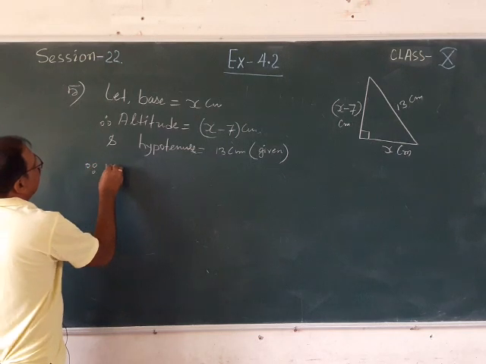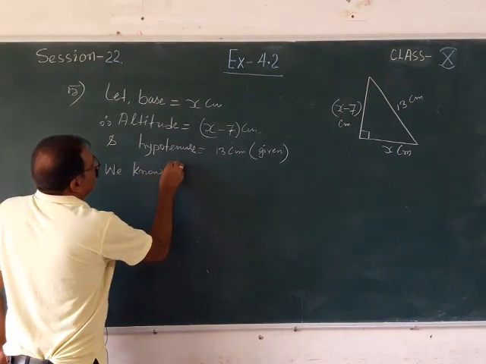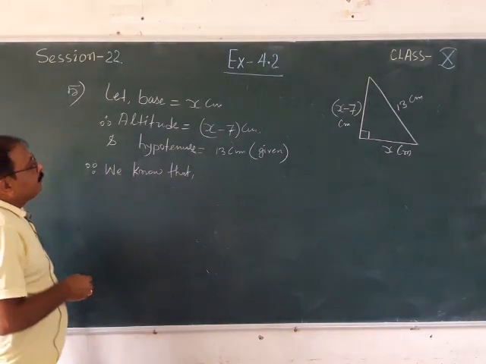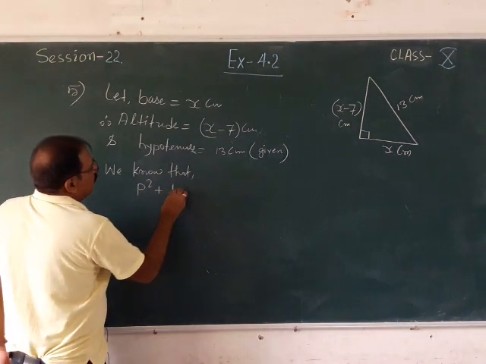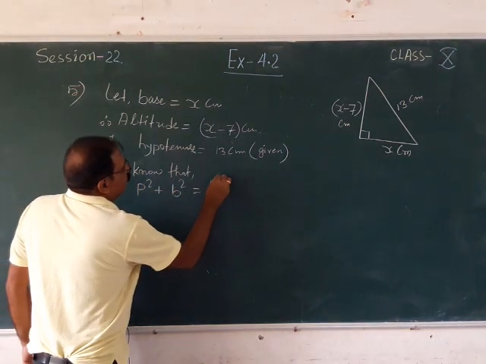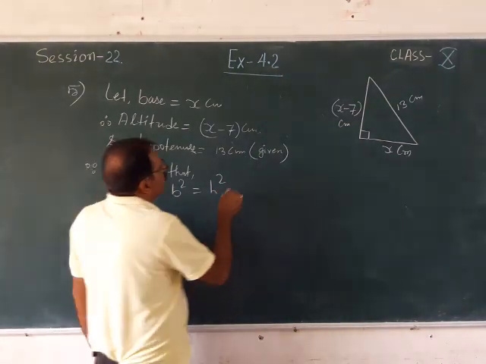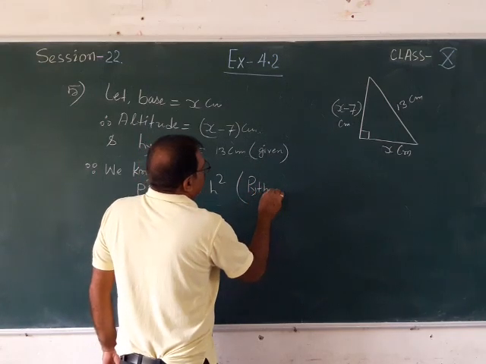Since we know that for a right angle triangle, p square plus b square equal to h square. This is the Pythagoras theorem, you can write here by Pythagoras theorem.